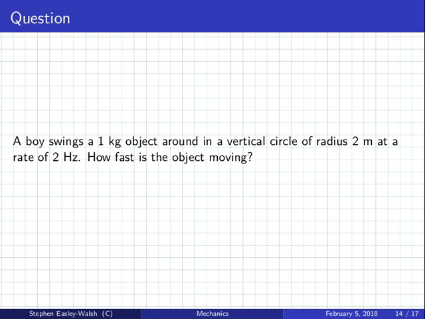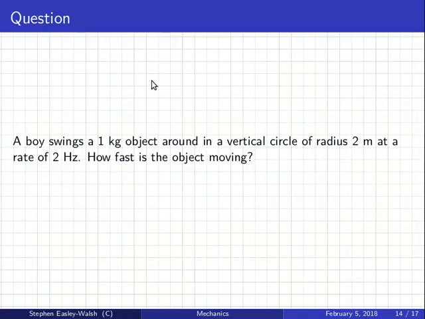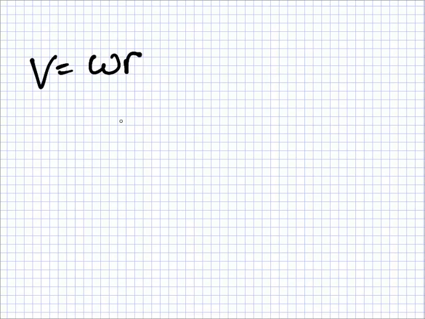Alright, so this is a lot like the last one, isn't it? Let's just do this one together. V equals omega R. Now, do we know the omega? No. But we know the R. So how can I get the omega? It's going to be 2 pi over T. Right, do I know the T?